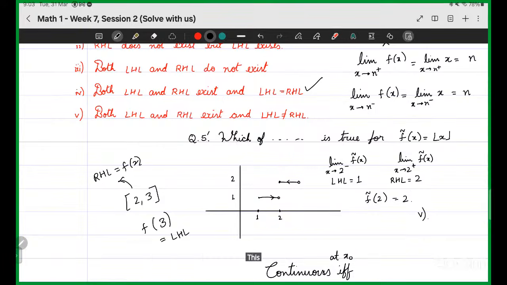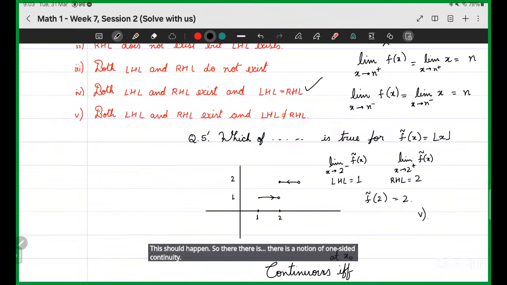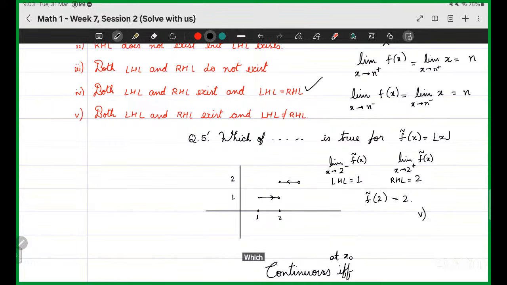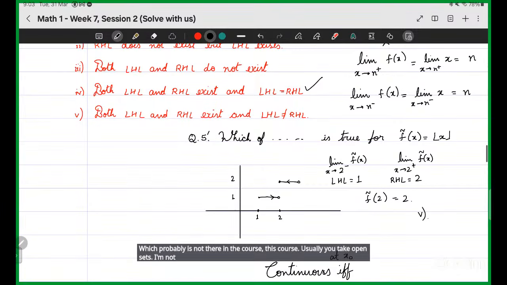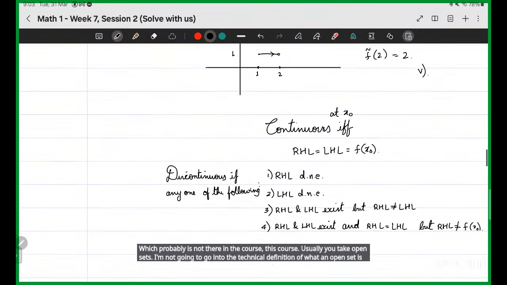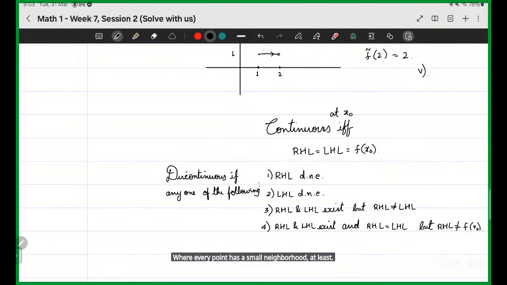This should happen. So there is a notion of one-sided continuity, which probably is not there in this course. Usually you take open sets. I'm not going to go into the technical definition of what an open set is, but you can think of it like an open interval, where every point has a small neighborhood which is within that set.